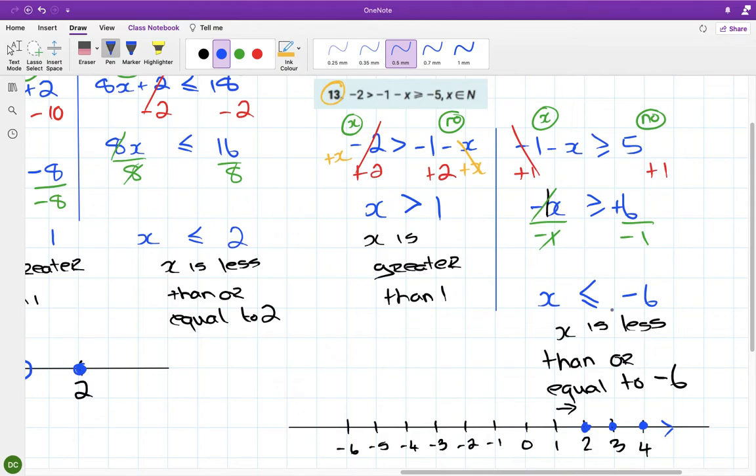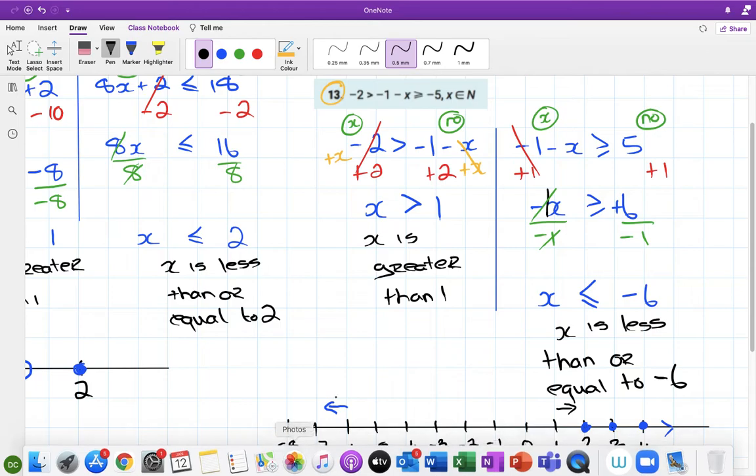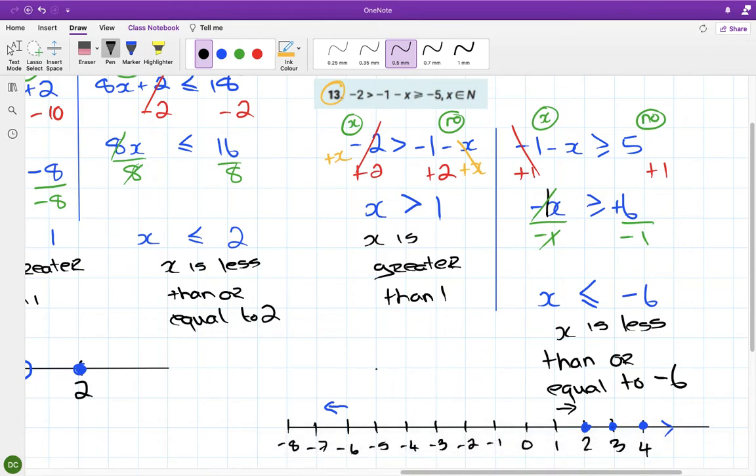Yeah? Now this one says x is less than or equal to minus 6. So now we're down here, and we're actually going this way to numbers like minus 7, minus 8. Yeah? Now, before I put dots on here, I just want to draw your attention back to the question.